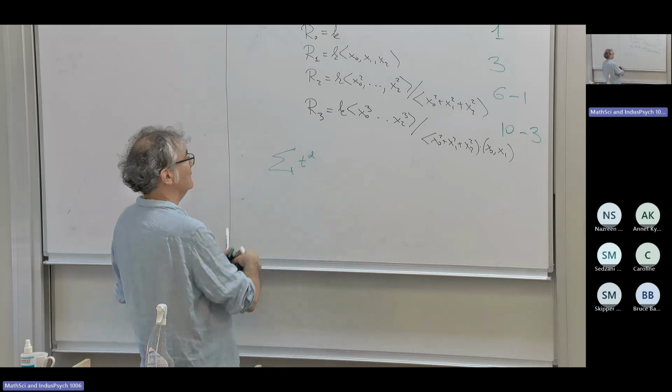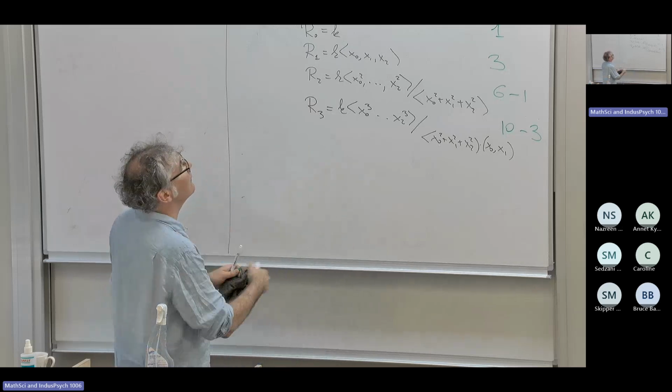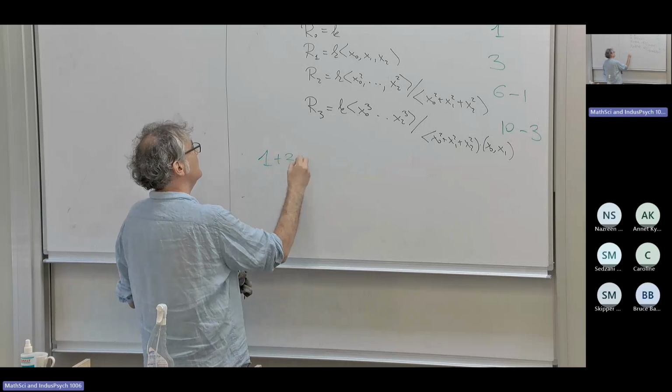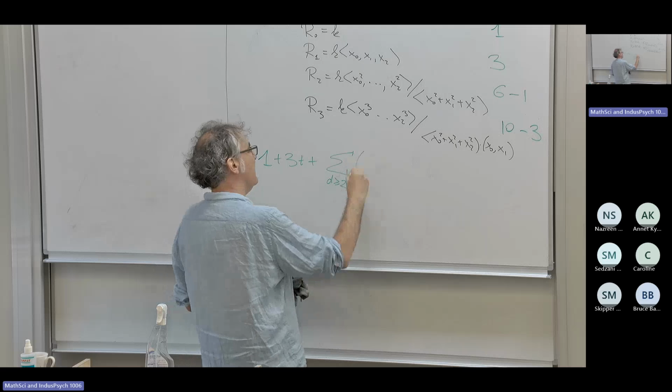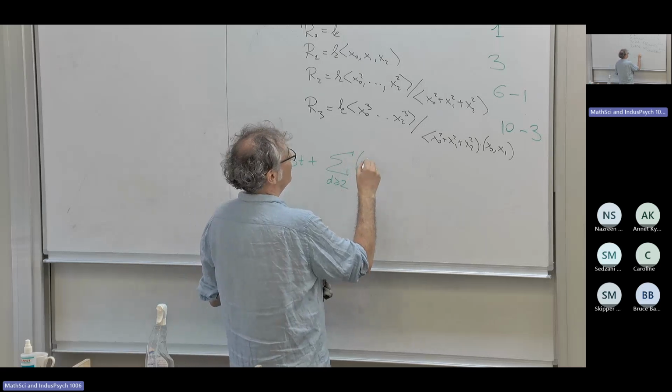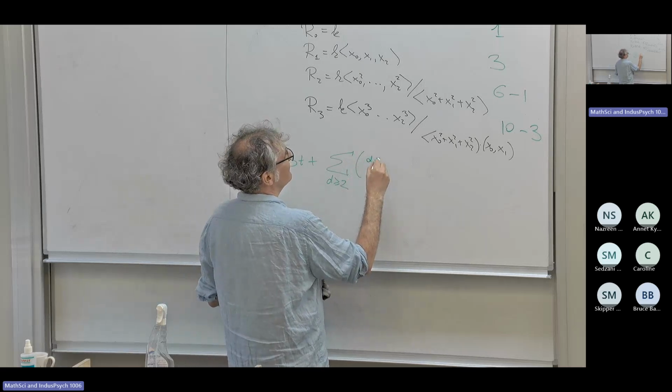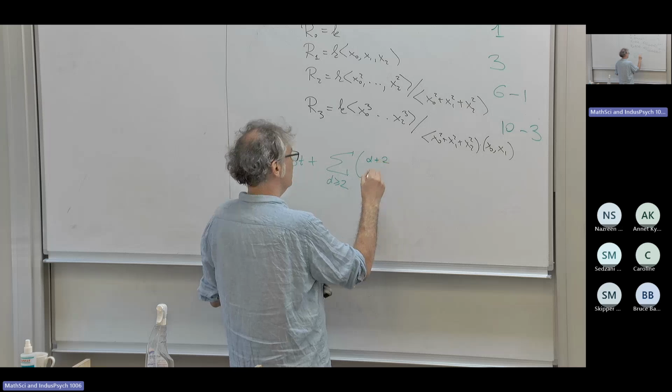It starts, be careful, so 1 plus 3t plus some d greater or equal to 2, and then I have d plus 2 choose 2 minus d choose 2.